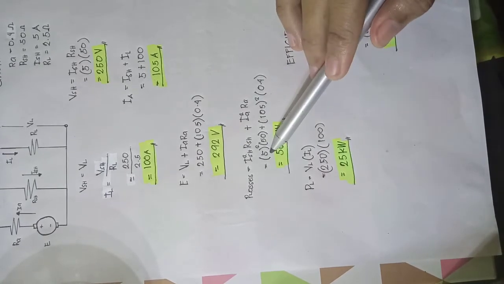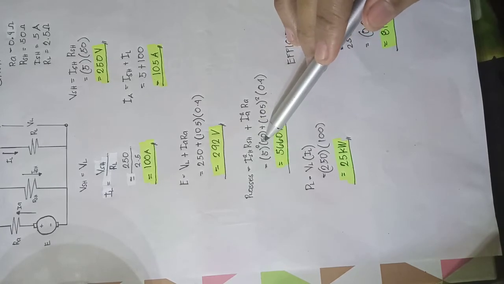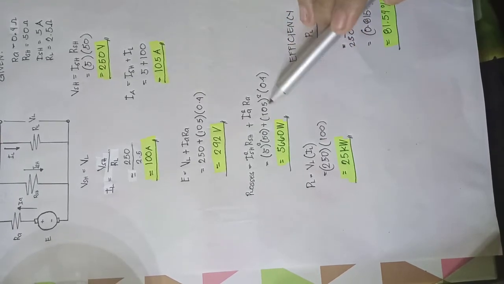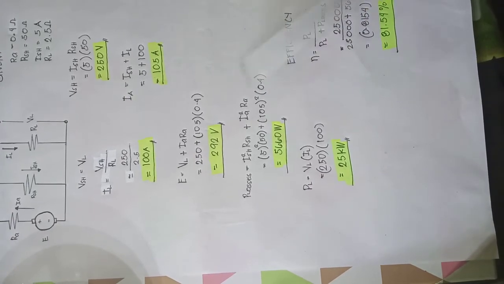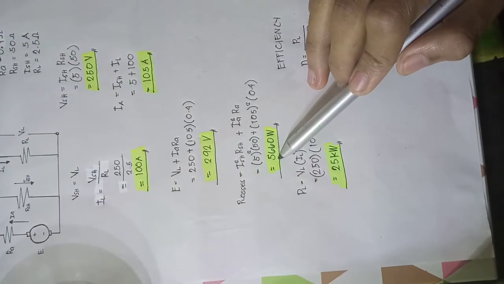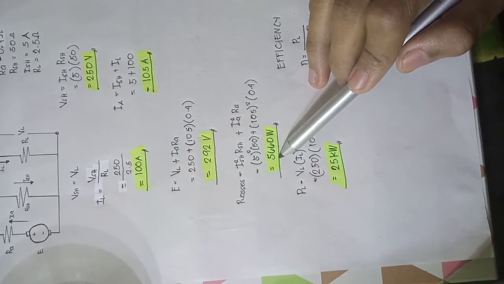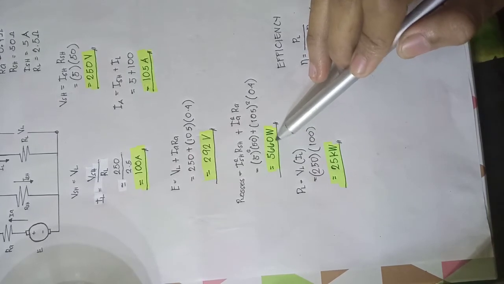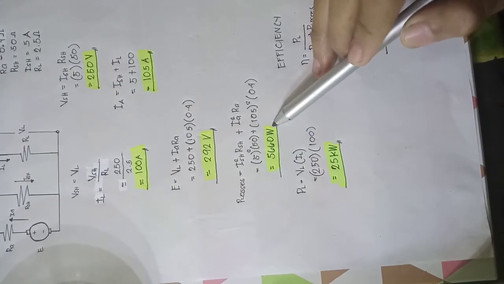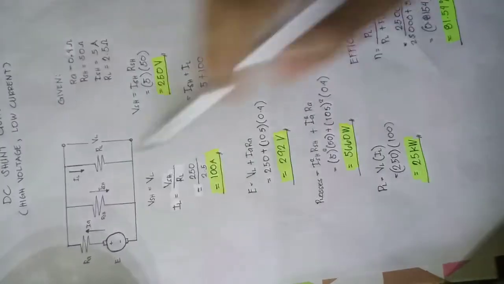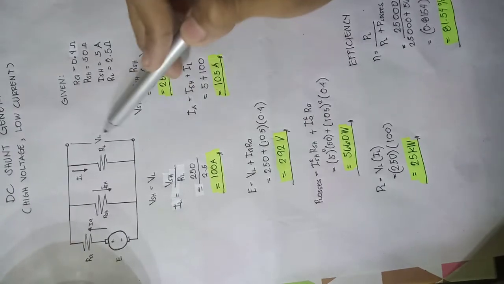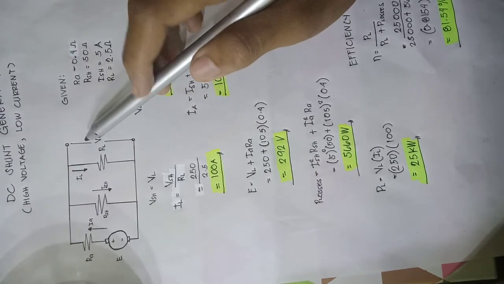So we have 5 squared multiplied by 50 plus 105 squared multiplied by 0.4. So we have the power losses, which is 5,660 watts.